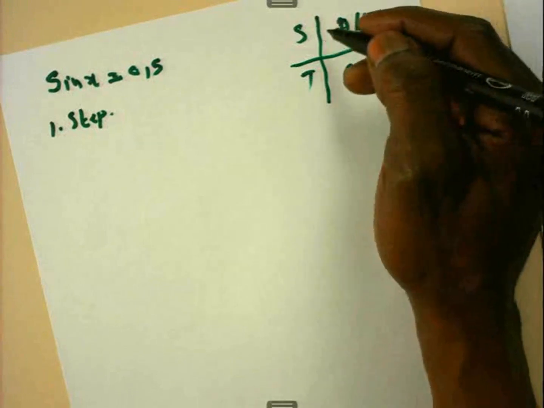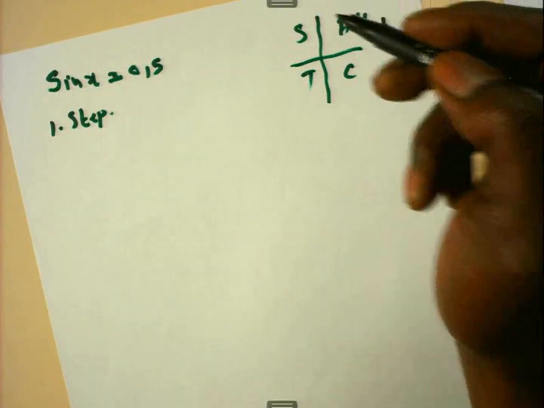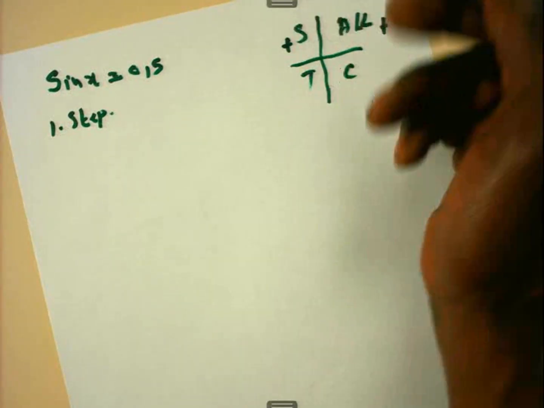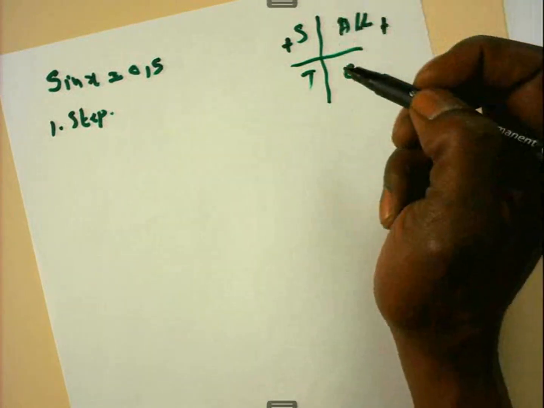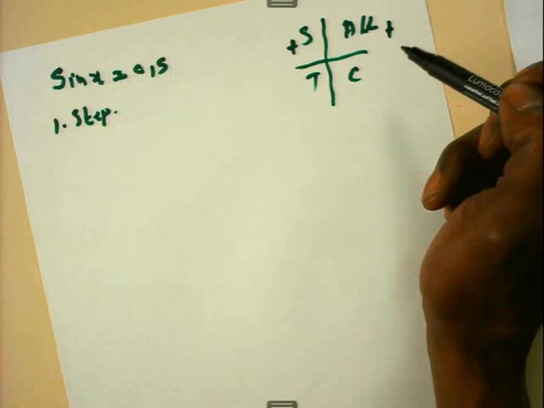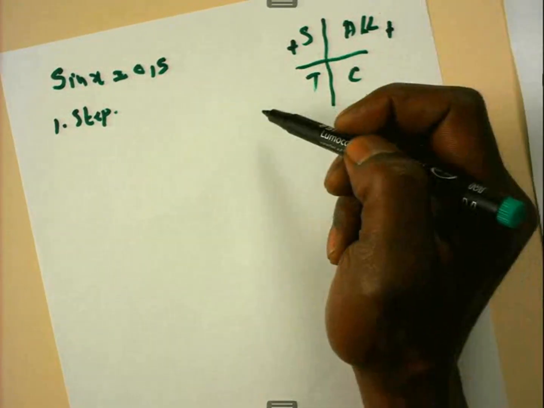So all these ratios are positive in the first quadrant. In the second quadrant is only sine and its reciprocal, which are positive. So we are going to confine ourselves, when we solve this trigonometric equation, in the first quadrant and the second quadrant.